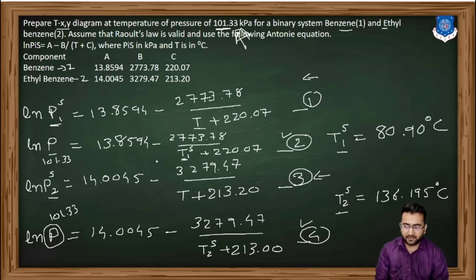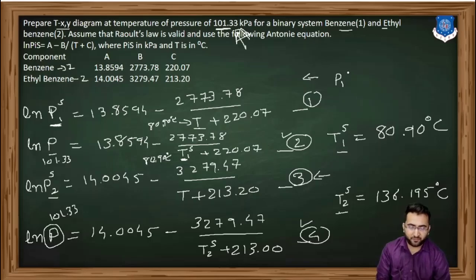Here we are replacing T with 80.90 degrees Celsius, so we get P1 saturated as 101.59 kilopascal for this 80.90 degrees Celsius.